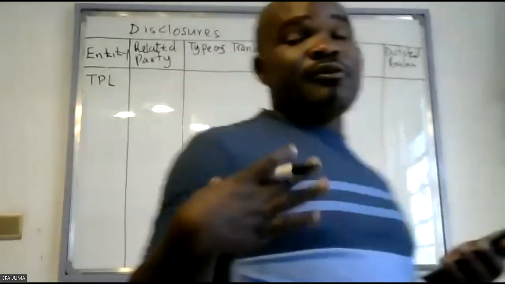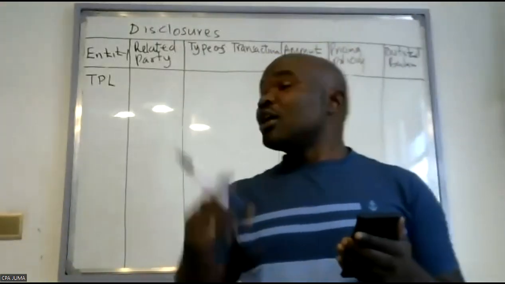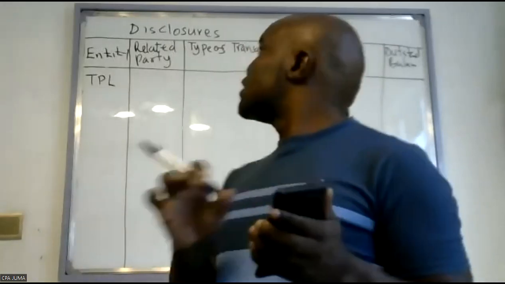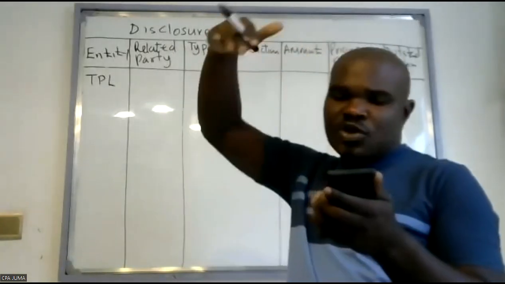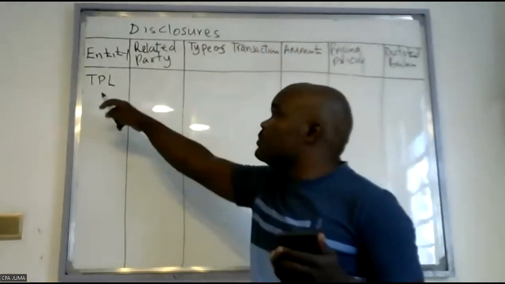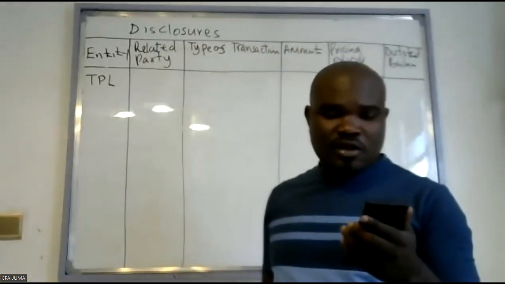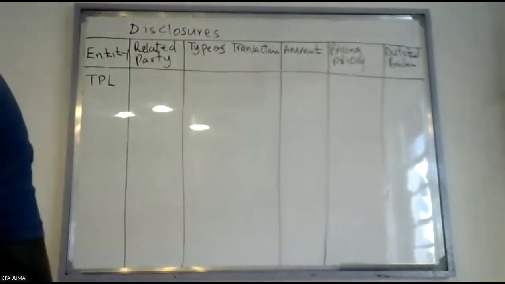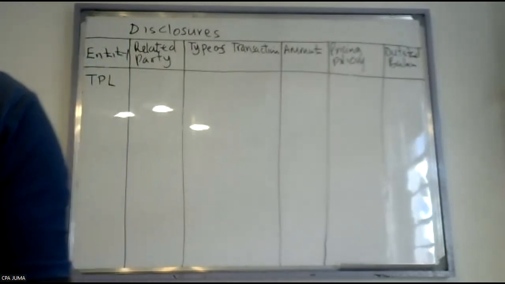So that we are on the same page, can you highlight for me the entities you are seeing? From the transactions up there, before that schedule, which entities did TPL transact with? List all of them which you can see, either purchaser or seller, whichever way.